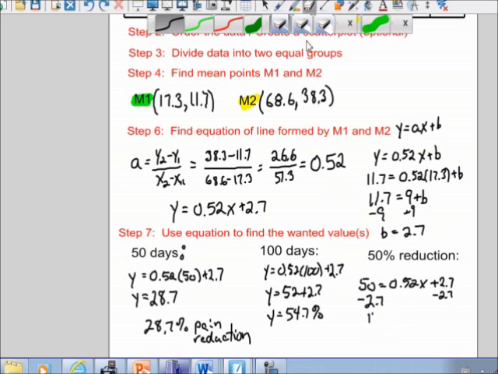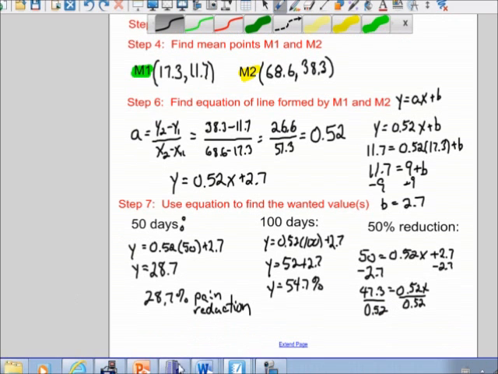Whoops. Sorry for that. Getting a little sloppy. So we get 50 minus 2.7 is 47.3 equals 0.52x. And since we want to just get x by itself, we divide by 0.52. And whatever we do to one side, we do to the other side.